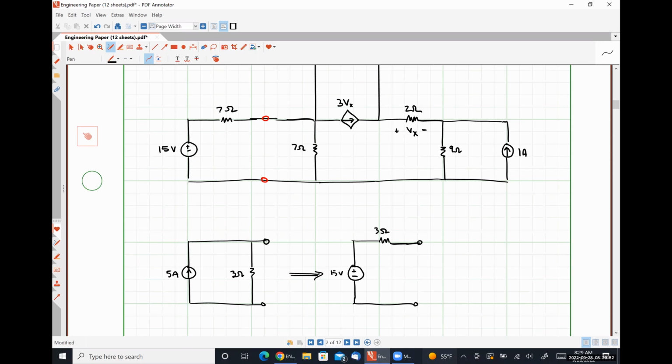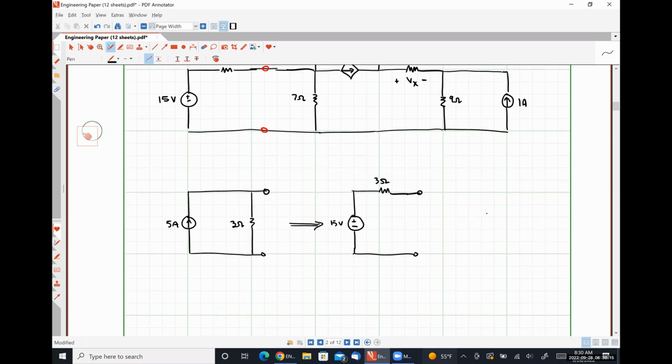So we could perform a source transformation on that practical voltage source on the left-hand side if we wanted to. One reason why we might want to do that is it's going to put those two 7-ohm resistors in parallel so that we can combine them and eliminate yet another node and mesh. Okay.